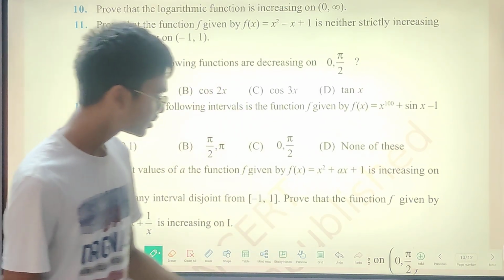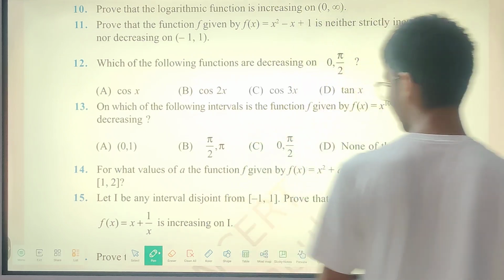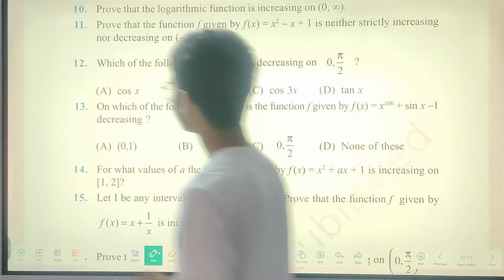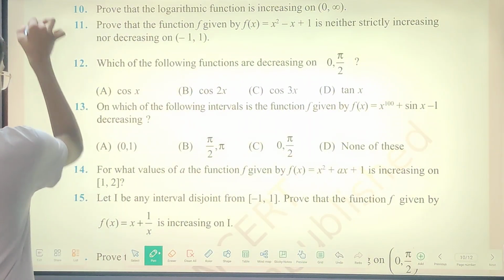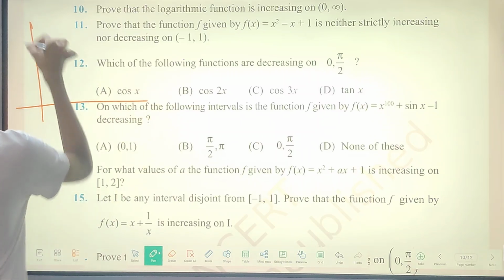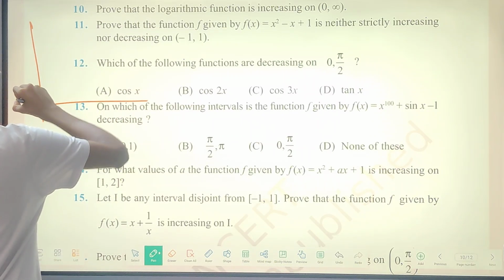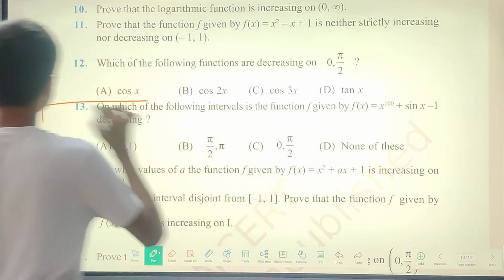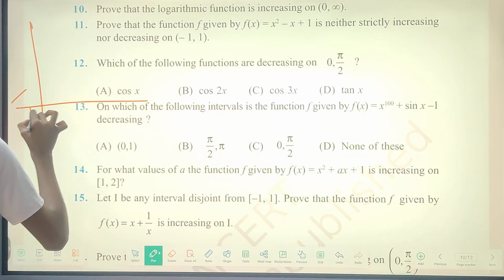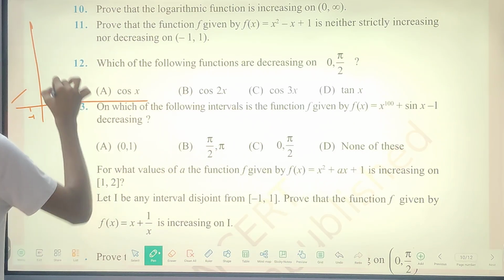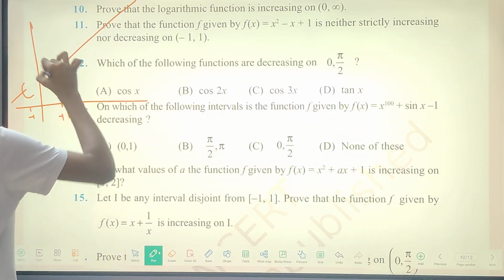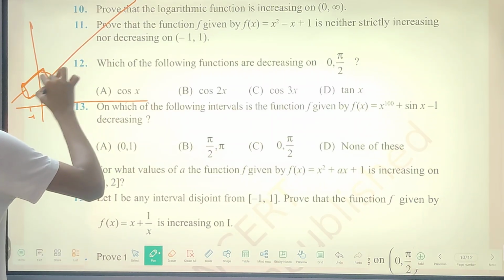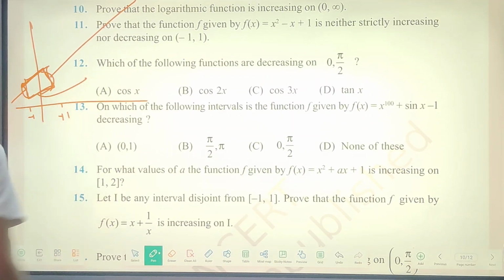For example, if this is the graph for I, then from -1 to +1, I is disjoint. This is the domain where I is disjoint.